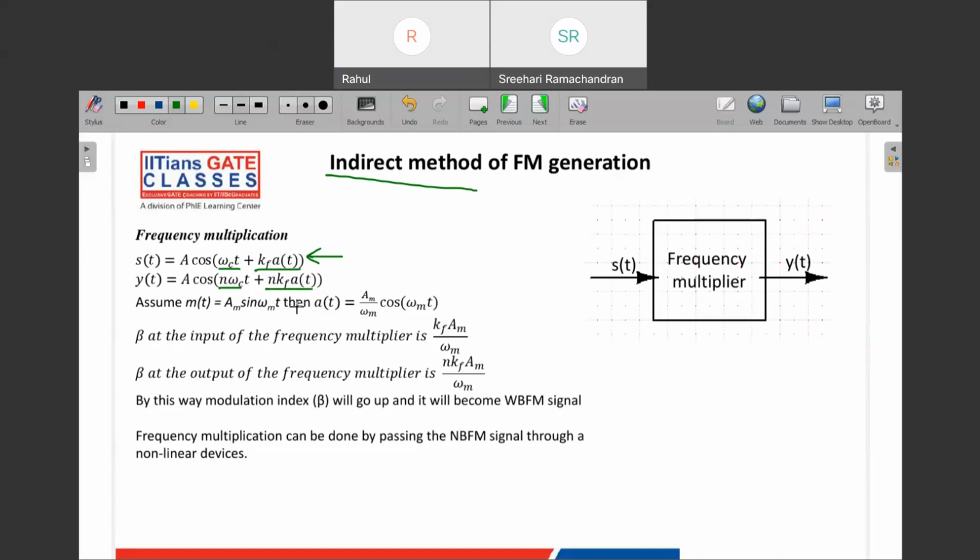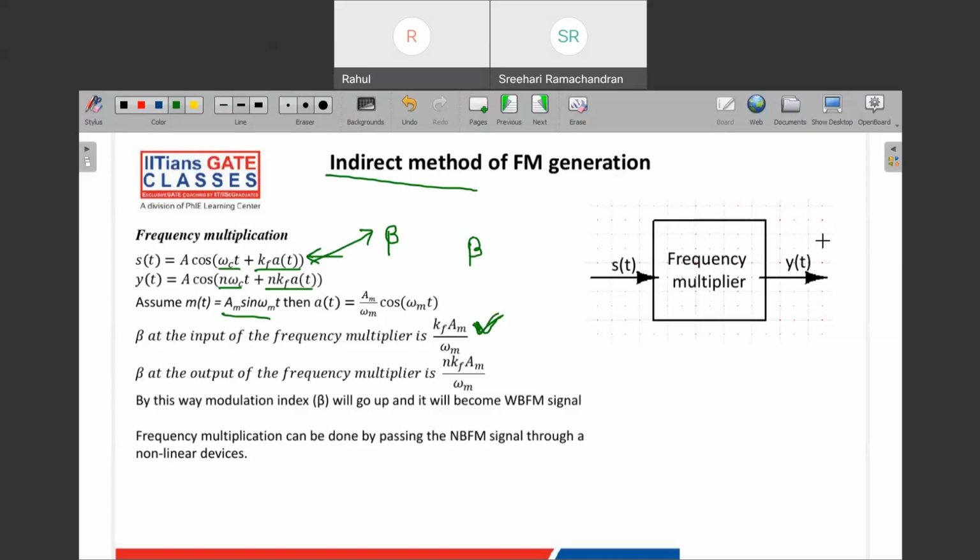Now, when you do this multiplication in the frequency, what will happen to the beta? Let's say for this input signal we had some beta. The beta of this signal will be equal to kf Am divided by ωm, if the message is a sinusoid.